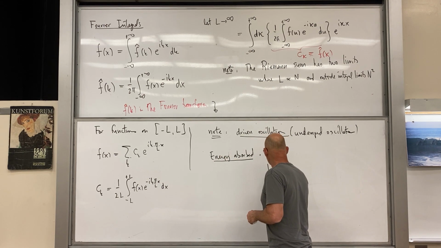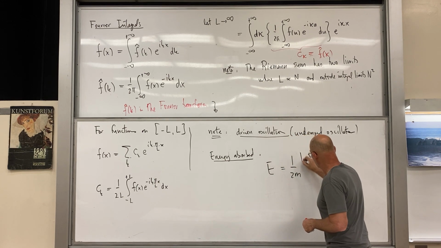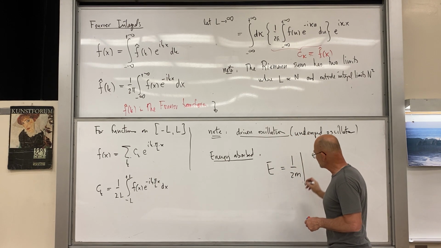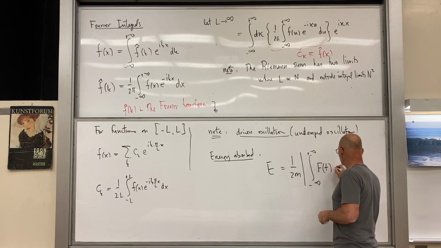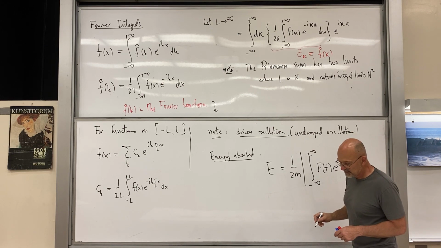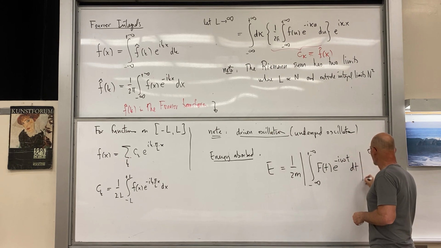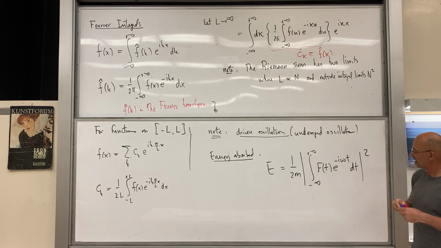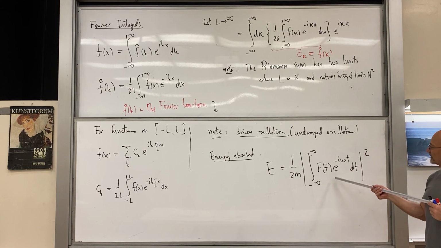We have the energy equal to 1 over 2m, and then this complex expression, the integral from minus infinity to plus infinity of f of t e to the minus i omega t dt, complex conjugate squared. Okay, so remember, we had that, and we had seen a couple of things.